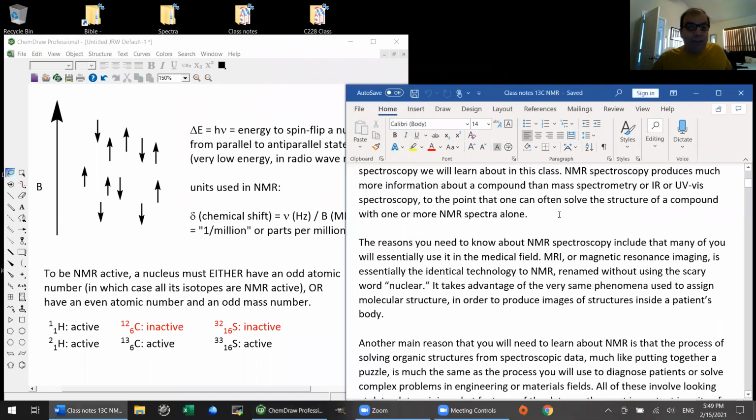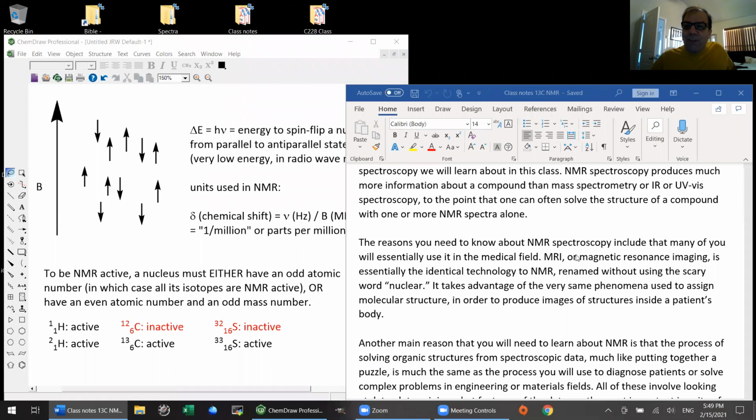First of all, why should you care about carbon NMR spectroscopy? Well, let me just make sure I'm sharing my screen here. First of all, NMR and a method that you'll use probably later on called MRI, those are basically the same phenomena, and the guts of the two instruments are basically the same.